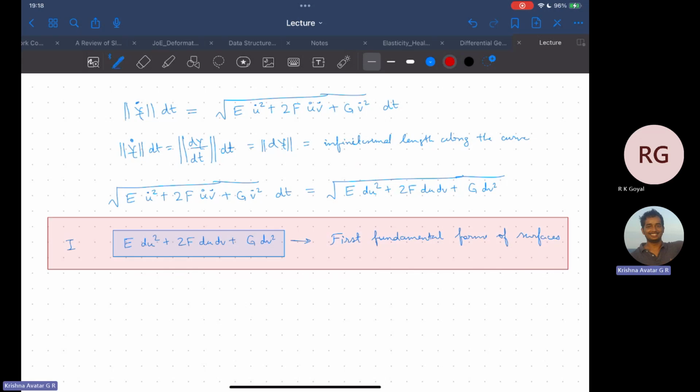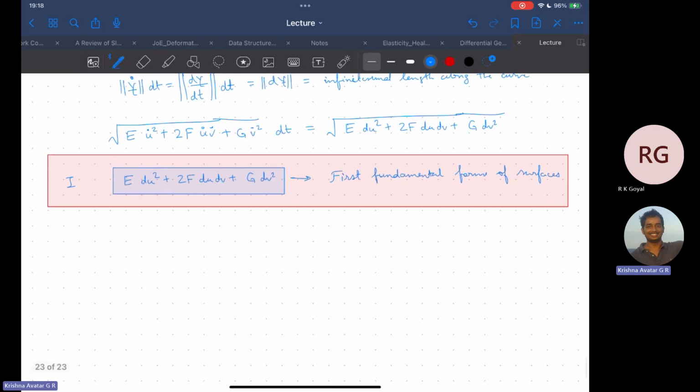The first fundamental form gives us the notion of lengths of curves lying on a surface.